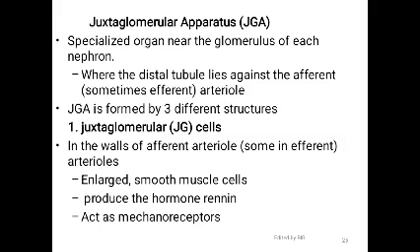The JGA is formed by three different structures. Juxtaglomerular JG cells are in the wall of the afferent arteriole, and some in efferent arterioles. They are enlarged smooth muscle cells that produce the hormone renin and act as mechanoreceptors.